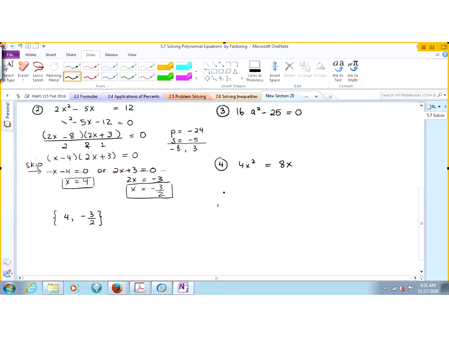And then number 5, let's see what number 5 is: x times 2x plus 3 is equal to 44. Last one is number 6: 5 squared is equal to x squared plus x plus 1 squared. All right. Good.